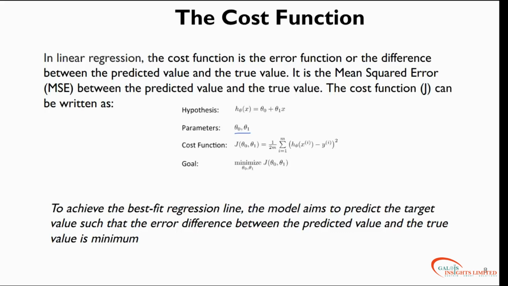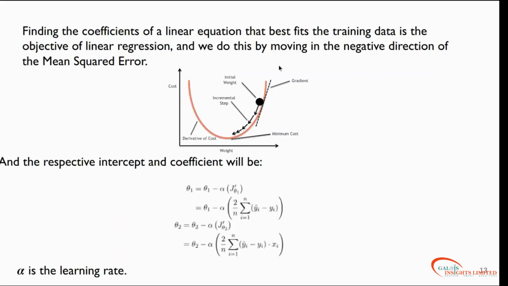It's simply this particular area, where the new model parameter will be equal to the old model parameter minus the learning rate multiplied by the derivative of the cost function.